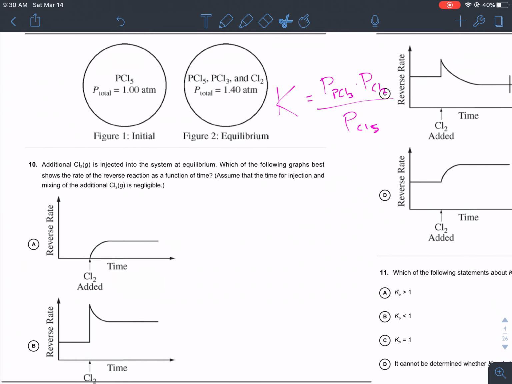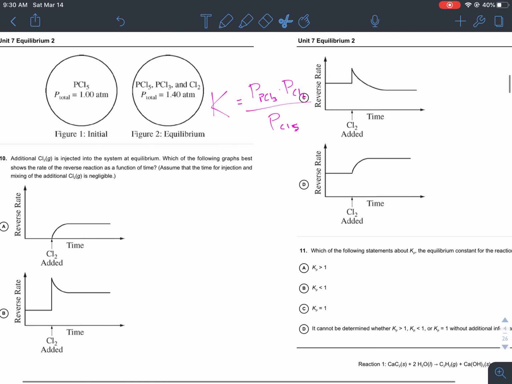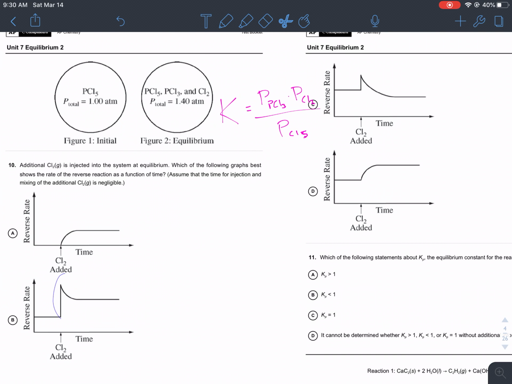Look at question 10. Additional Cl2 is injected into the system at equilibrium. Which of the following graphs best shows the rate of reverse reaction as a function of time? Okay, we injected Cl2. We injected some product in. So all of a sudden, you're going to have this spike, right? Like here and here. Because you're going to inject it and then it's going to slowly decrease to get back to equilibrium.